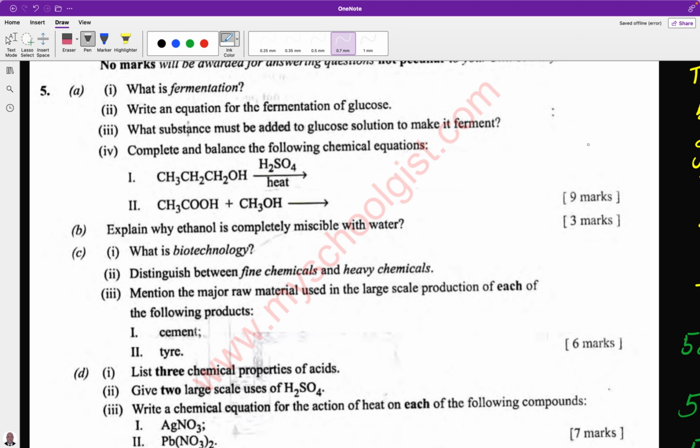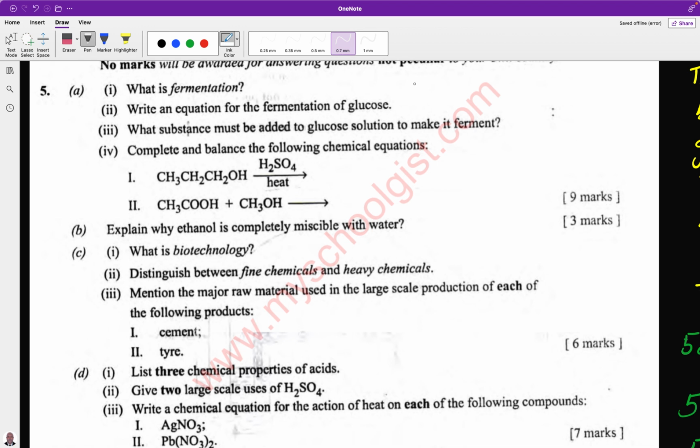Remember that concentrated sulfuric acid is used as a dehydrating agent. It dehydrates alcohol to produce alkenes. So the outcome of this will be an alkene and a molecule of water.